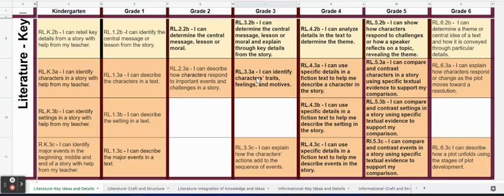So for example, here in third grade, it is a reported standard as to whether or not students are able to identify character traits, feelings, and motivations. And if students are struggling with that, then they can look back and see how that foundation was built and areas that need to fill in the gaps.